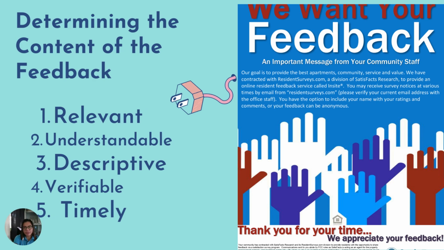Number four is verifiable. The feedback data should be valid and accurate. The information should allow organization members to verify whether the findings really describe the organization. For example, the questionnaire data might include information about the sample of respondents as well as the frequency distributions for each item or measure.